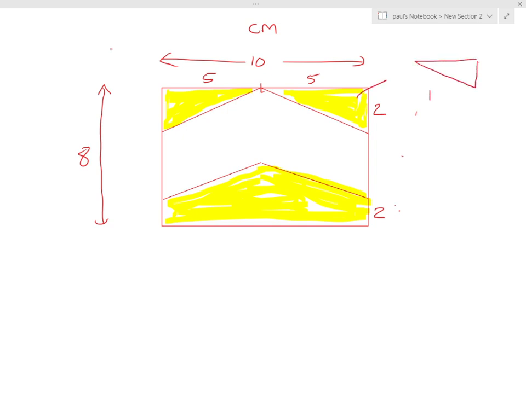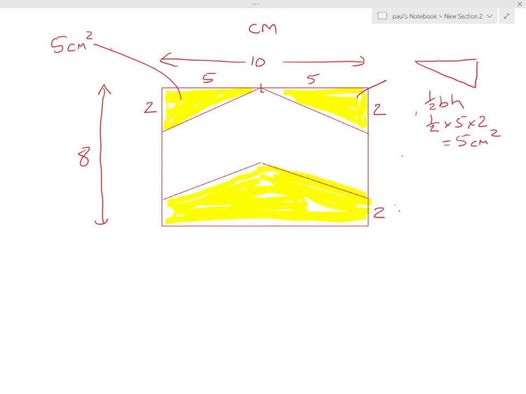And we can use half base height, which is half times the base is 5 times the height is 2. So this equals 5 centimetres squared. This is exactly the same, so this one will also equal 5 centimetres squared.